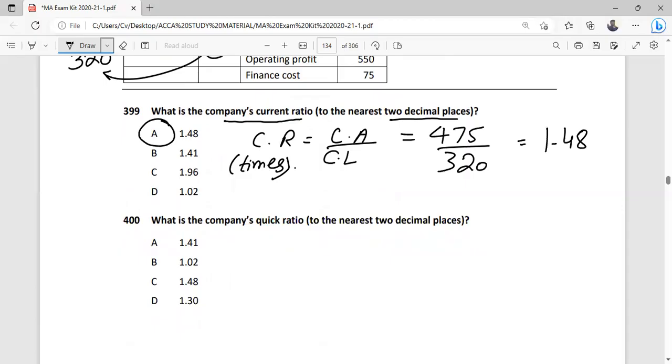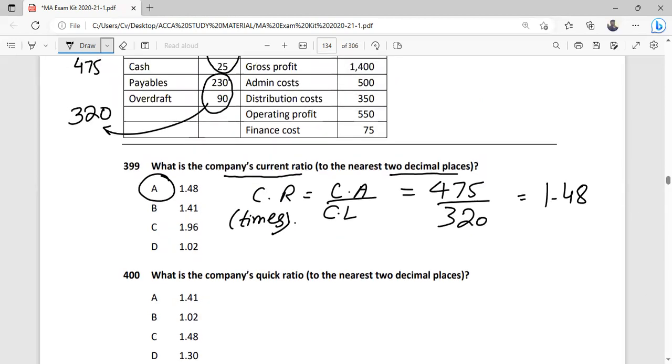Ideal current ratio is 2:1. It means your current assets must be twice your current liabilities. Our next requirement is, what is the quick ratio? Quick ratio is also called acid test ratio.